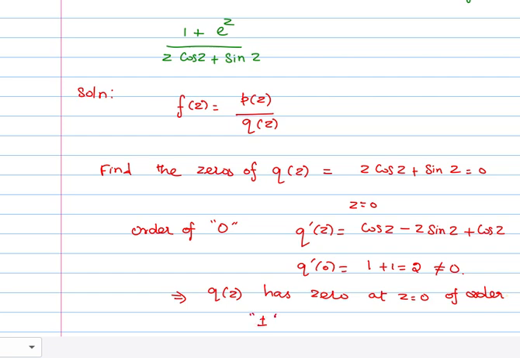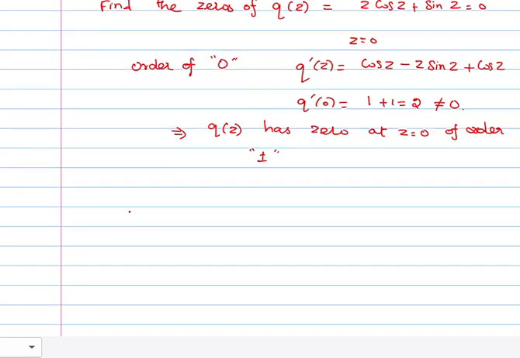So this implies f of z at z equal to 0 has a simple pole. In this case you can use the first and second formula, but it's very tricky.